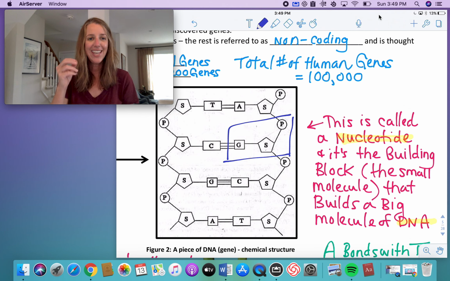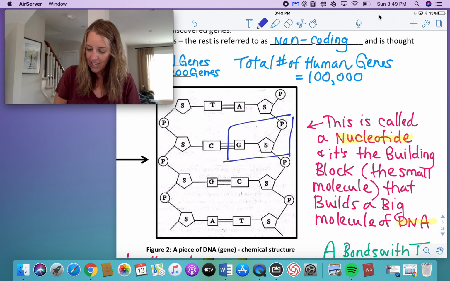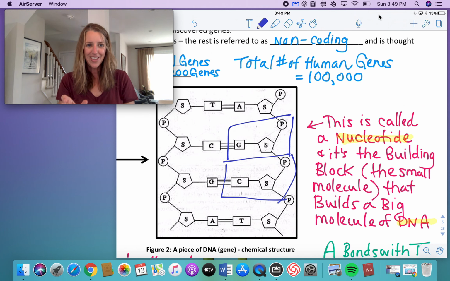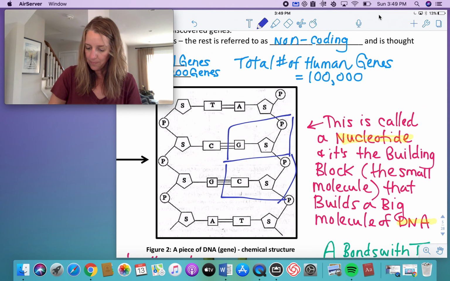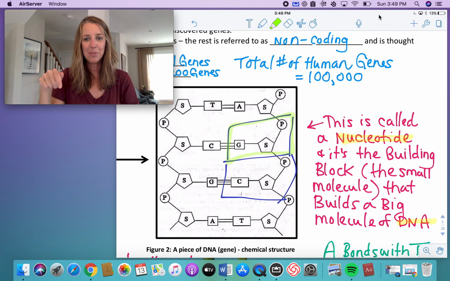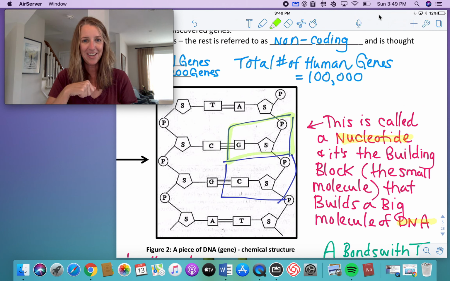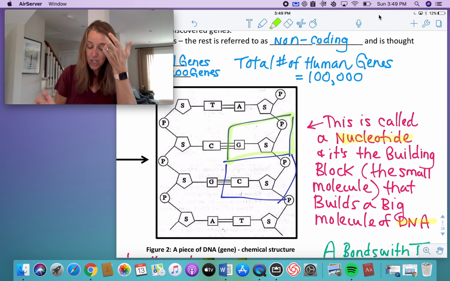Can you see how if you had the Knex and you were sort of putting them together like little Lego pieces, you would take one nucleotide and it would bond to another nucleotide, to another nucleotide, to another one. So that nucleotide is what we call the molecule that I've just highlighted right here, and it is the building block that makes DNA.